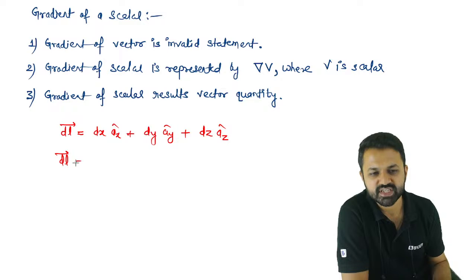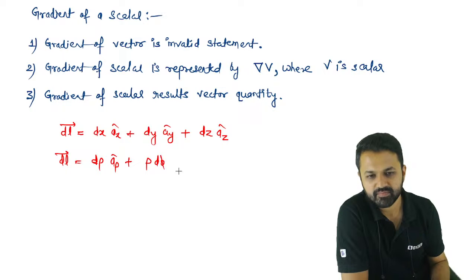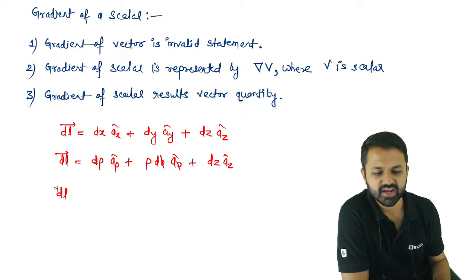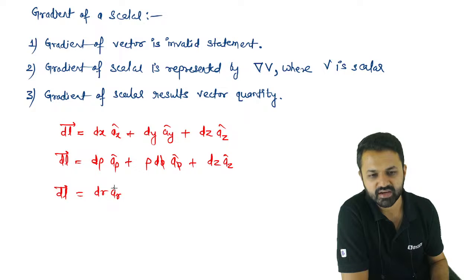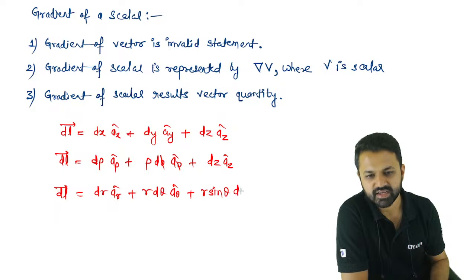This is the differential length in the cylindrical coordinate system, and in the spherical coordinate system the differential length is dr ar, r d theta a theta, and r sine theta d phi a phi.